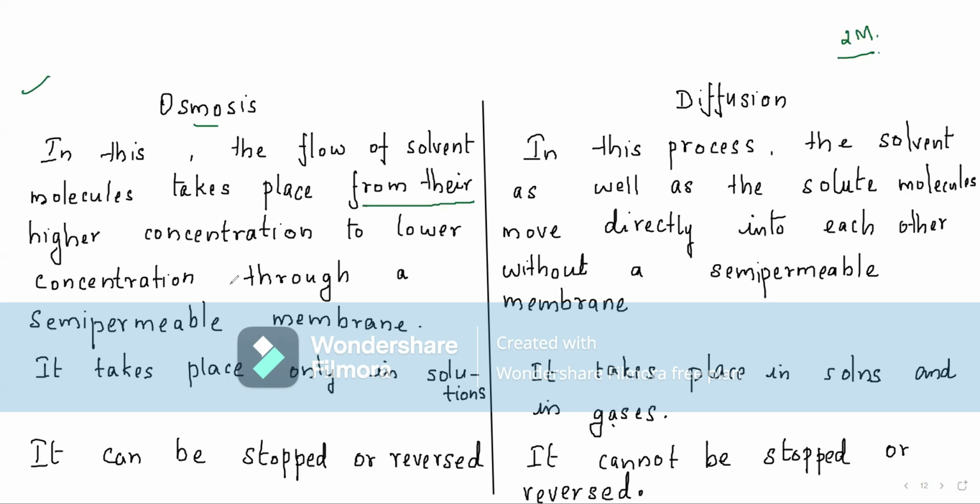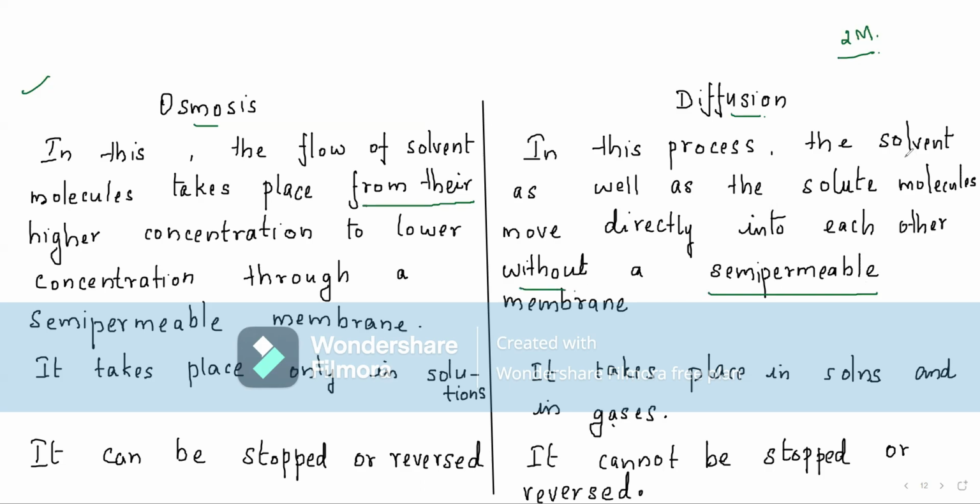So solvent is flowing from dilute solution to concentrated solution through a semi-permeable membrane. This is called osmosis. Whereas in diffusion, you don't require a semi-permeable membrane.